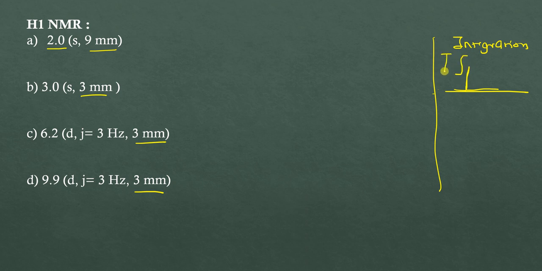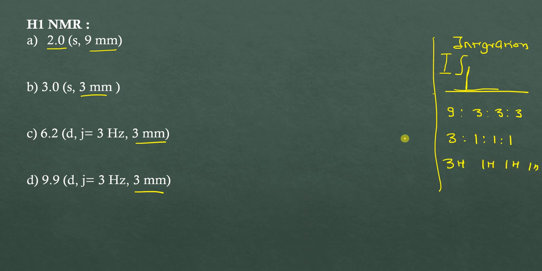So this 9 mm which is given, this is the height or length of this S-shaped curve, right? So here we'll take these as a ratio, 9:3:3:3. We'll take the LCM of all these numbers and divide these numbers by that LCM. So the LCM will be 3 in this case. So we'll get 3:1:1:1, right? So it can be 3H, 1H, 1H and 1H.